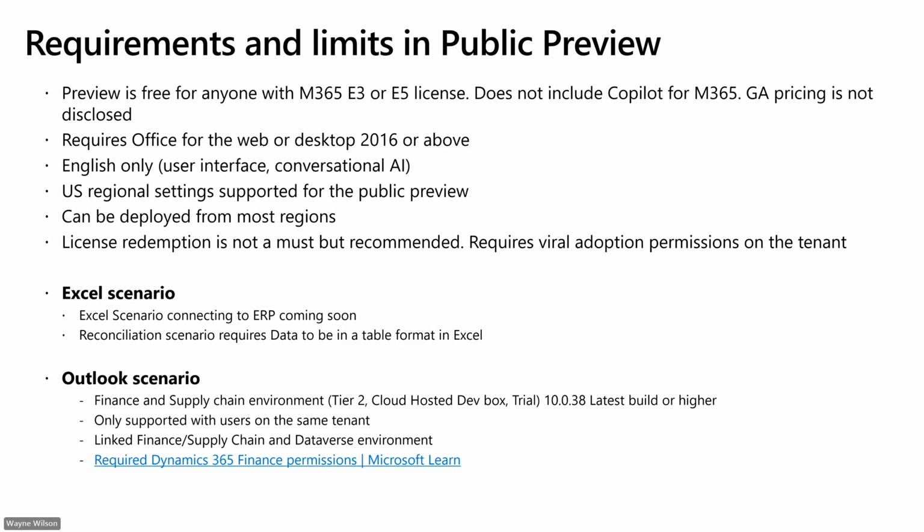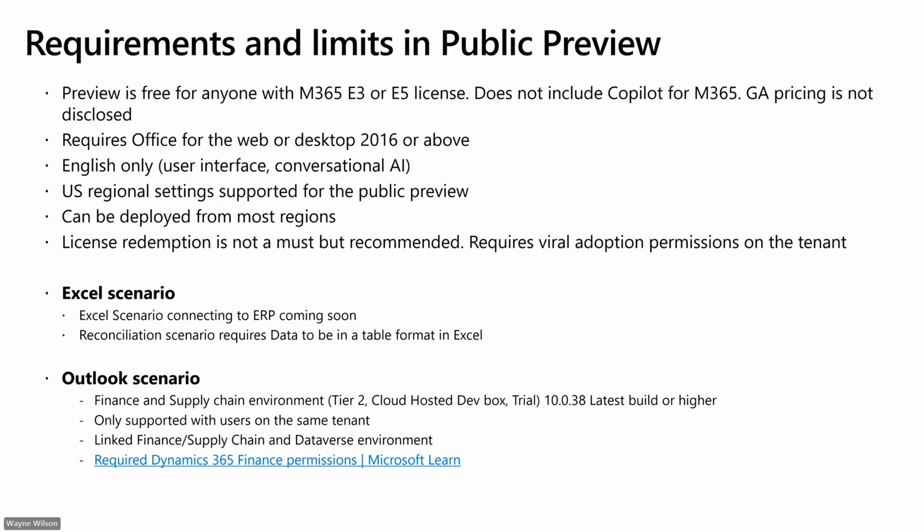From a very high-level scenario, you can use the export to Excel functionality. You will have your data in this Excel sheet. Simply run Copilot on the existing data. All you need is for the data to be in a table format, so Copilot can run the reconciliation scenarios.